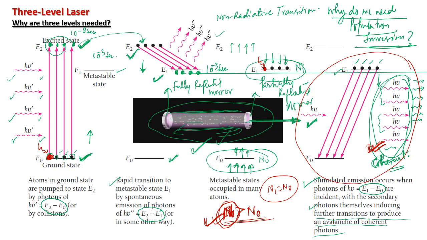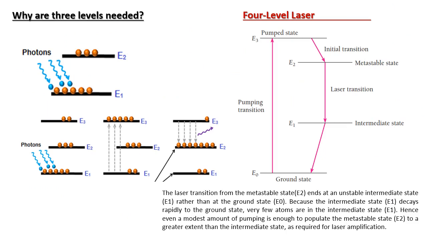Fine. Now in the next slide, we are going to discuss why a three level system is needed. I think you already know why we need three levels. Suppose there are only two levels, say E1 and E2.